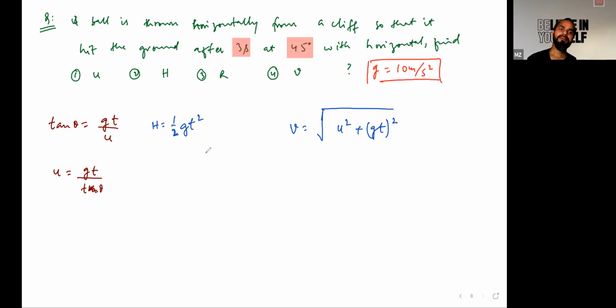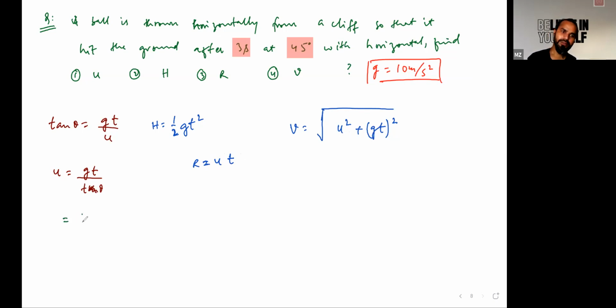Just put it. R is equal to u times time of flight. u is 30 and time of flight is 3 seconds. So it will be 90 meters. And put all these in this equation, you will find the final velocity.